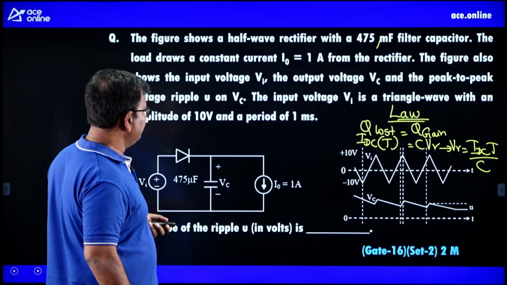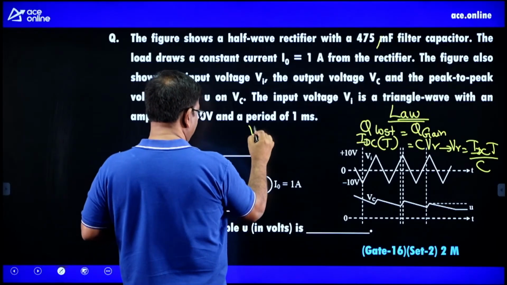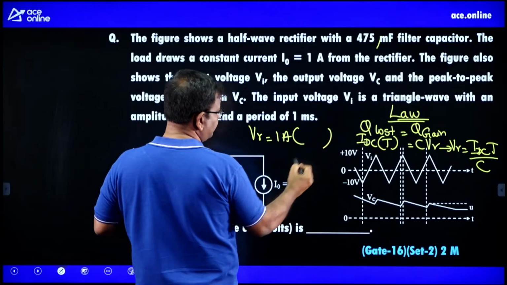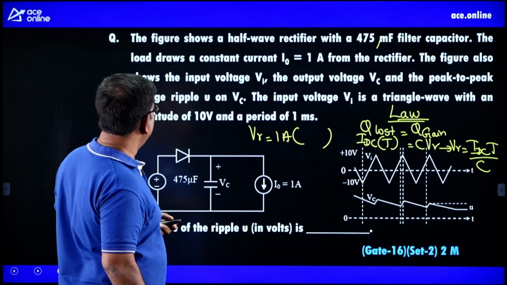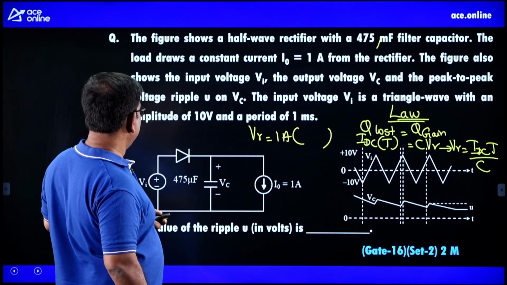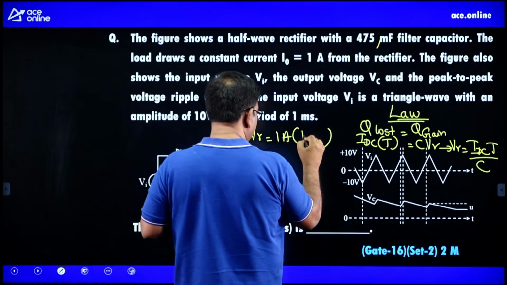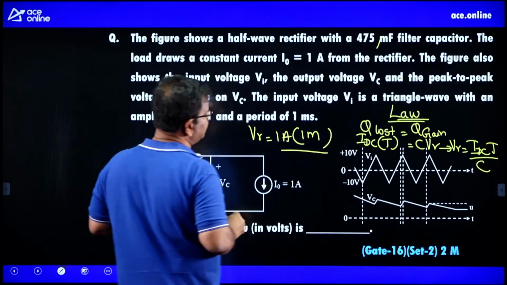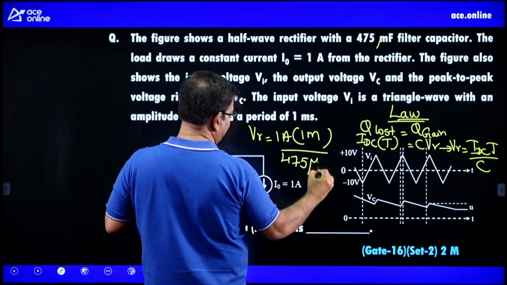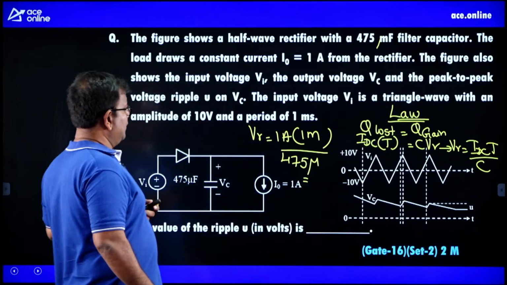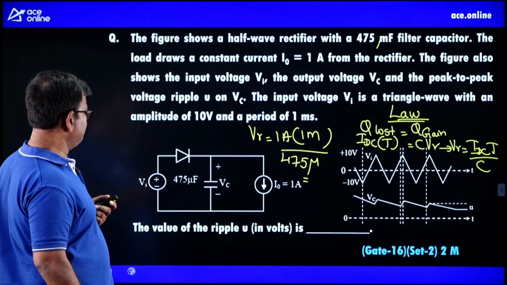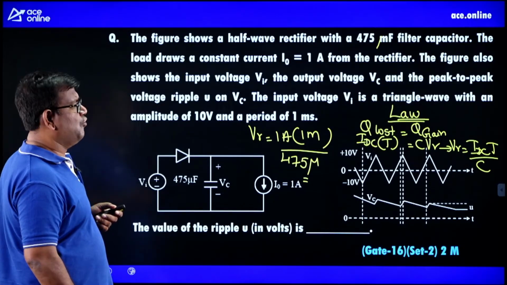And what is IDC? IDC is going to be the DC current, 1 ampere, into T. There is no T given. 1 millisecond is given, by C, which is 475 microfarad. So micro is 10 power minus 6, so it's around 1000 by 475.